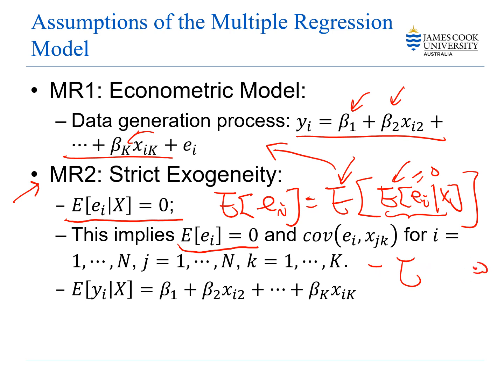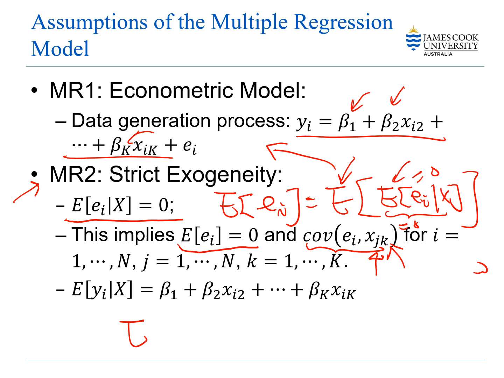Similarly, the covariance of ei and xjk, where j is the j-th observation and k is the k-th component of X, remember we have x1, x2 until xk, will be equal to 0 as well.